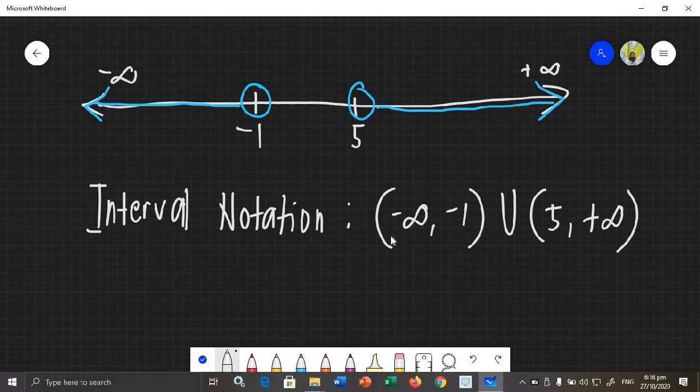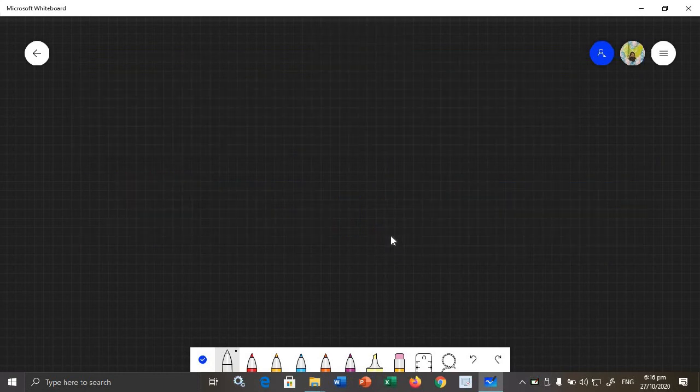And then lastly, let's say, how about if the given uses the inequality symbols? So let's say, for example, in our last example, we have negative 5 is greater than x, and then x is greater than or equal to negative 10.